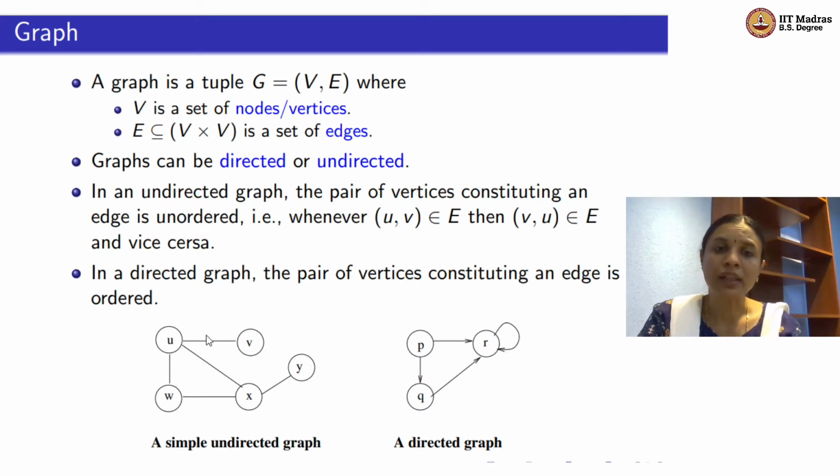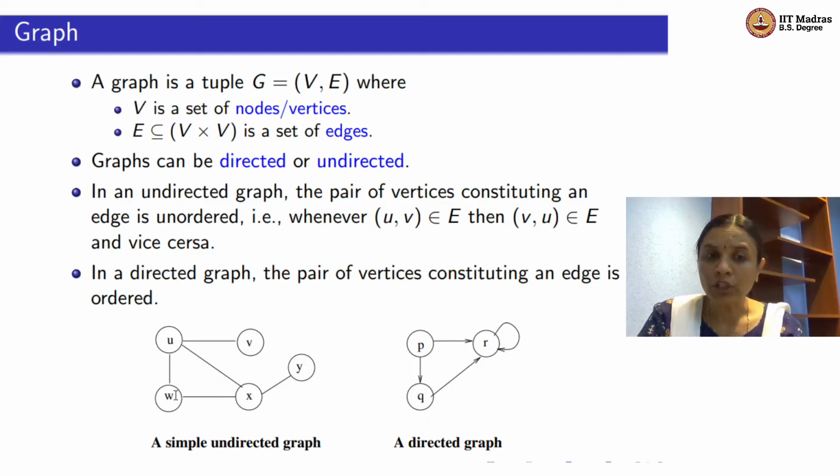What are edges? In the graph on the left hand side, let's count the number of edges. There is one edge from vertex U to vertex V, represented by the horizontal line going from U to V. There is one edge from vertex U down to vertex W in this vertical line.